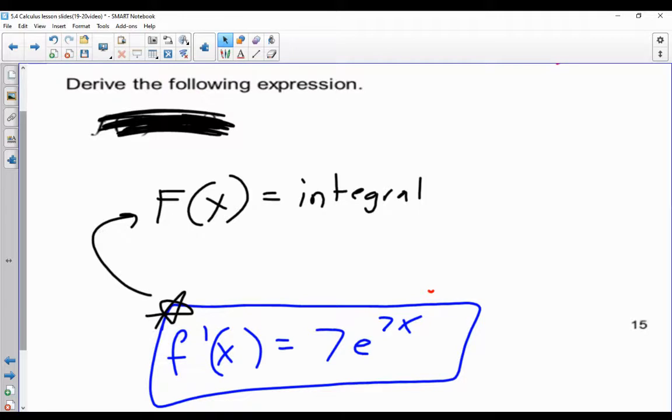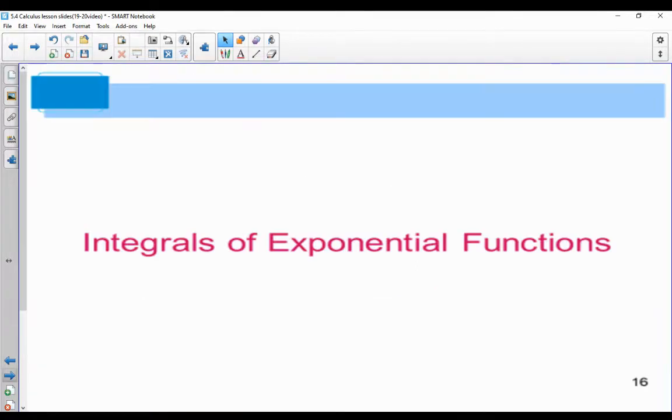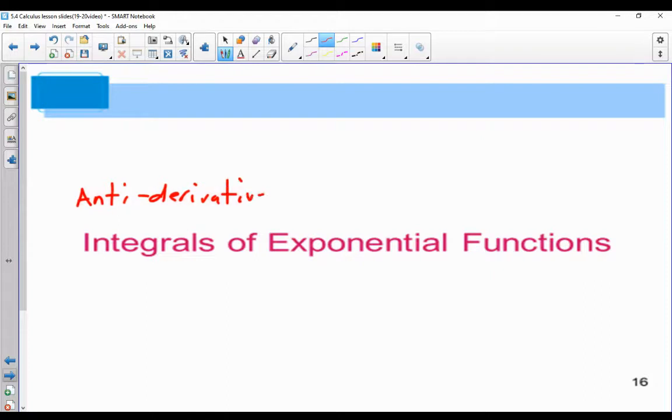That's what part 2 is going to be about. Basically finding the antiderivative of our e functions. So that's going to be the topic for part 2, the integrals of exponential functions, or in other words, now finding the antiderivative. So let's go ahead and hop to it.